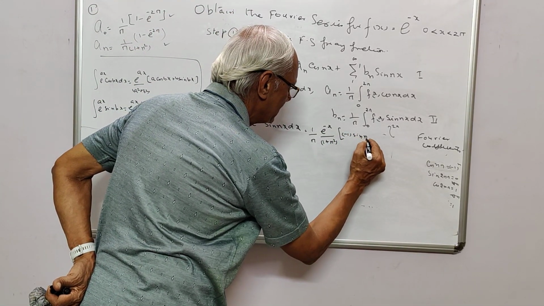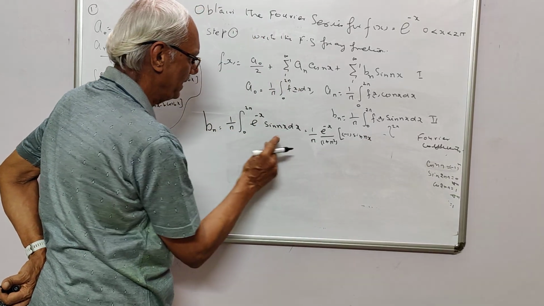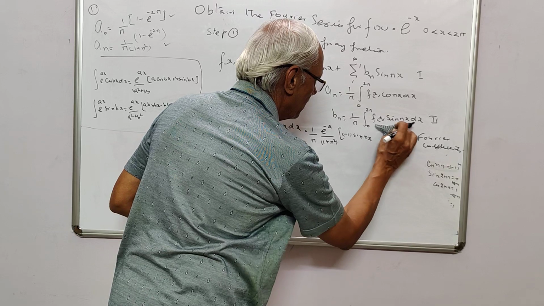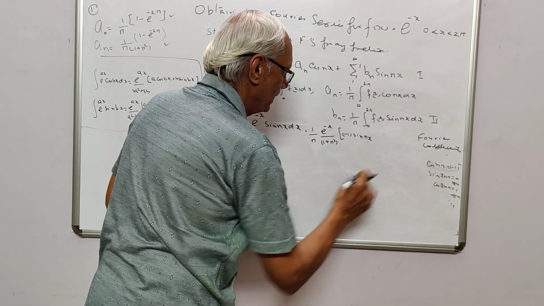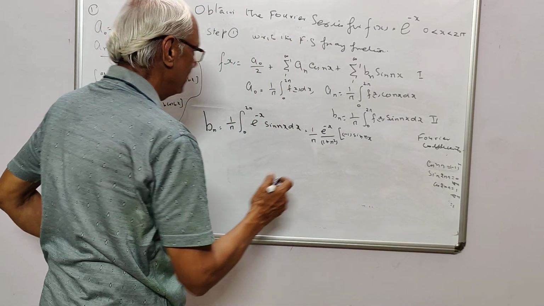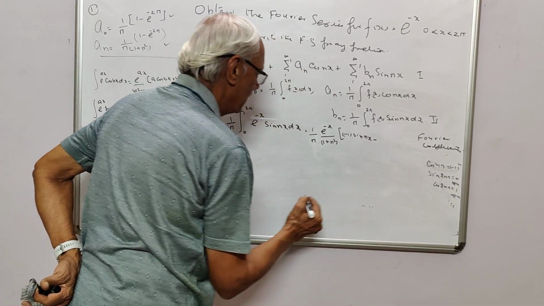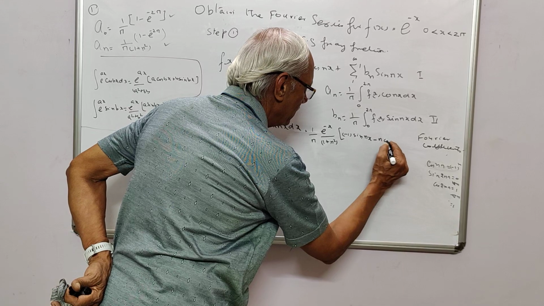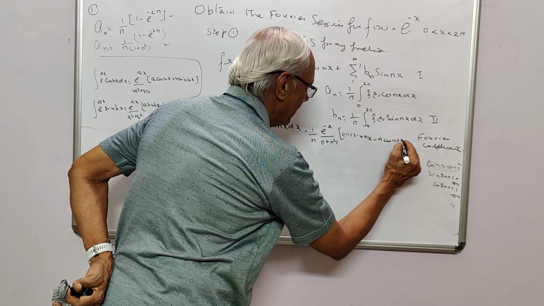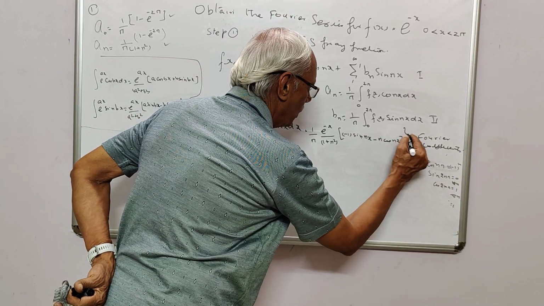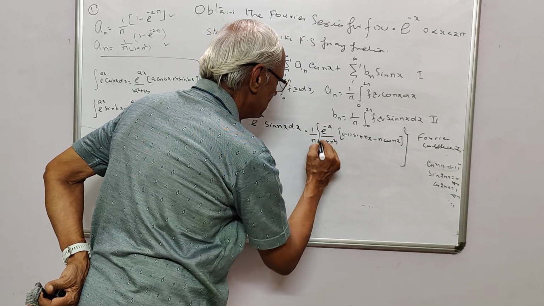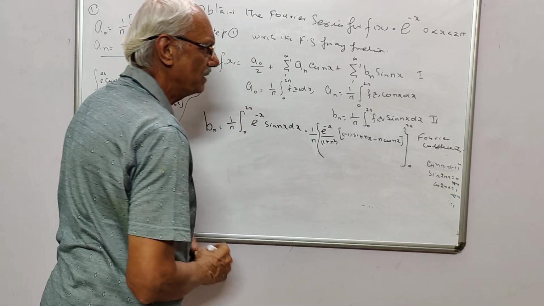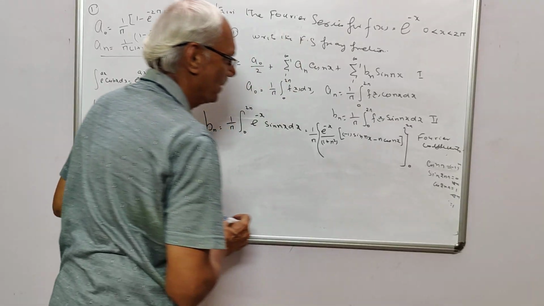Sin bx is sin nx. And this one is minus b cos bx, what is in the place of b? n. So minus n cos nx. This must be raised to limits 0 to 2 pi.